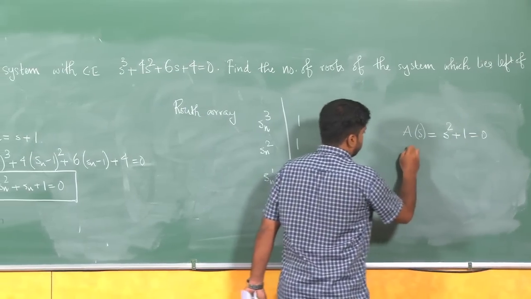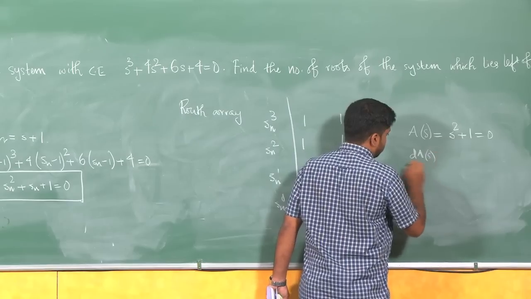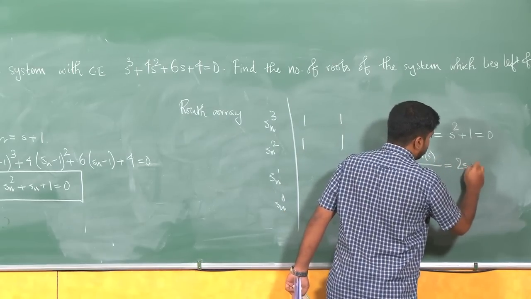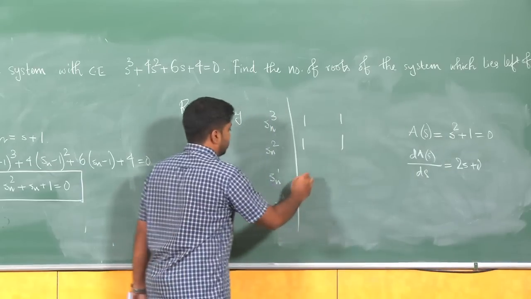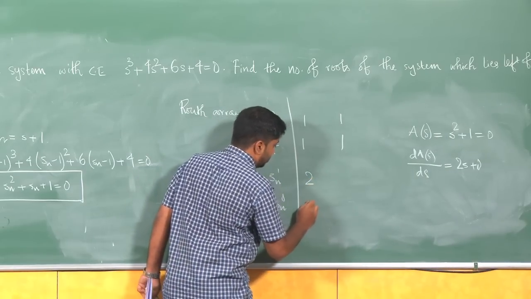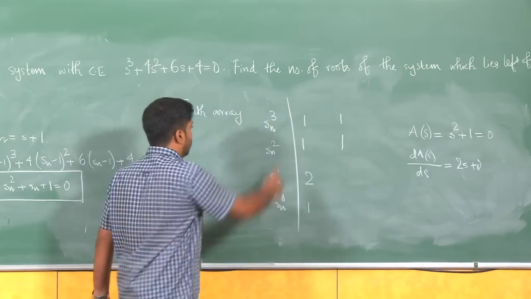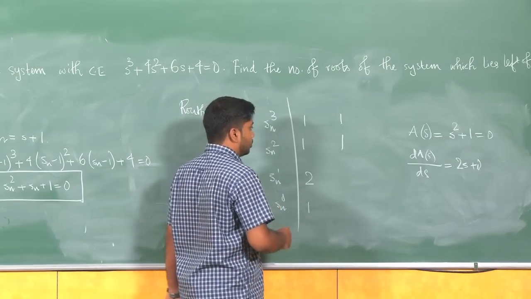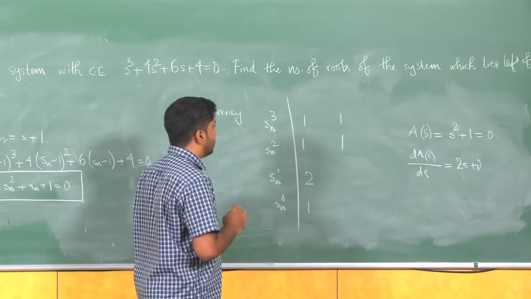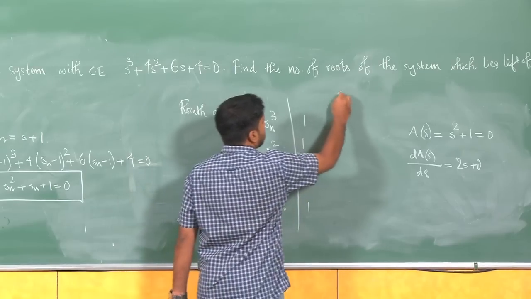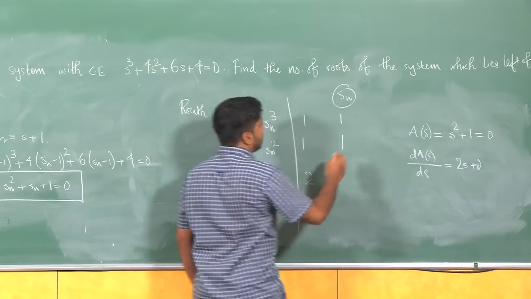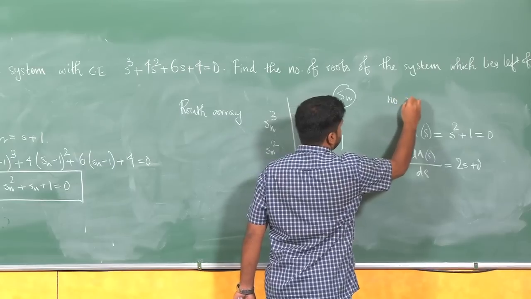Okay. So, dA/ds is equal to 2S plus 0. So, this is 2 and this will be 1. All the elements of the first column are positive. So, there are no roots on the right hand side of S_n, no roots.